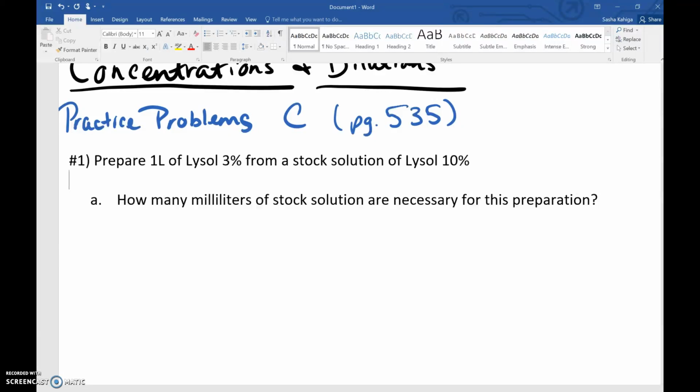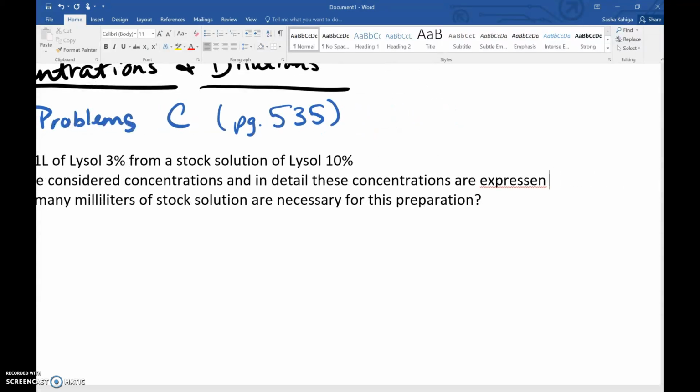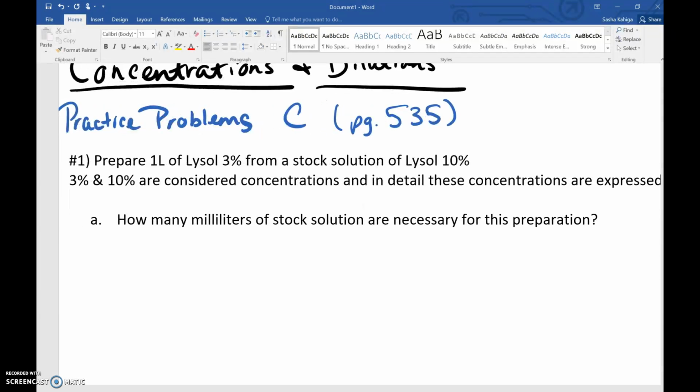First things first, the 3% and the 10% are considered concentrations, and in detail, these concentrations are expressed as percentages. I want you to keep that in mind.